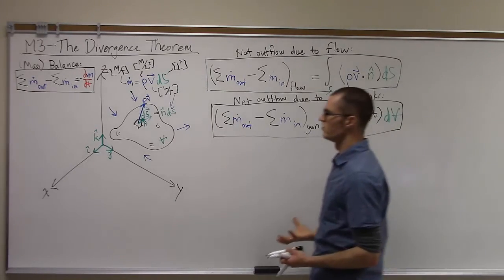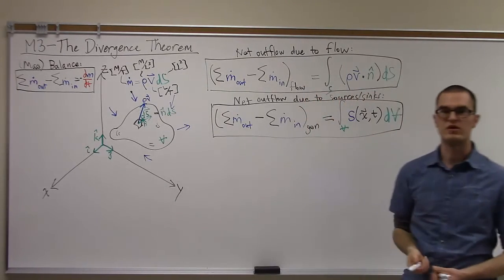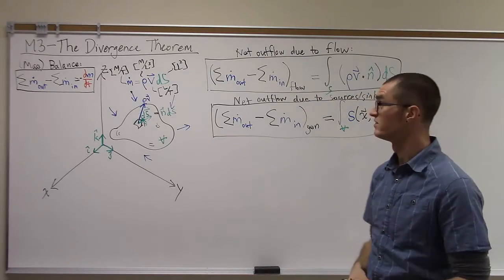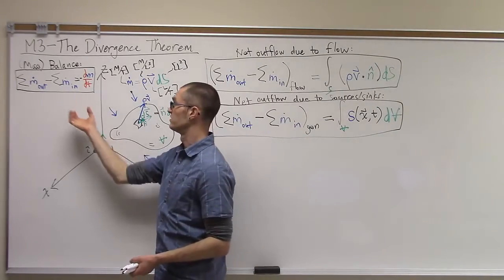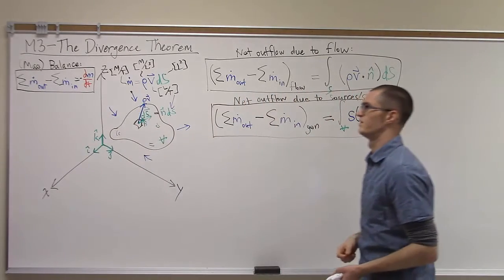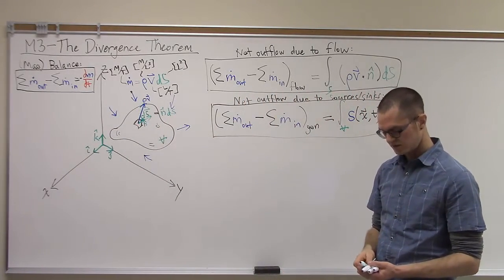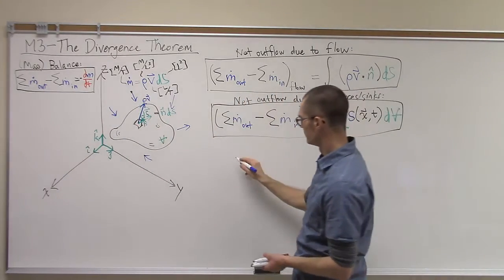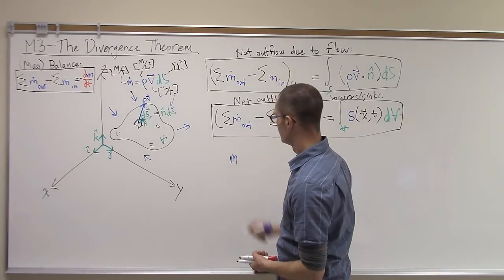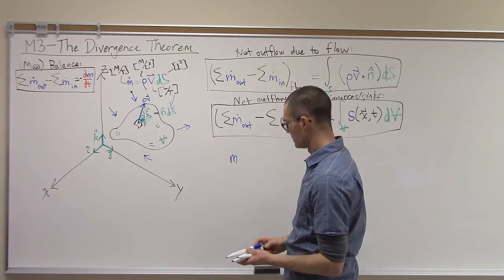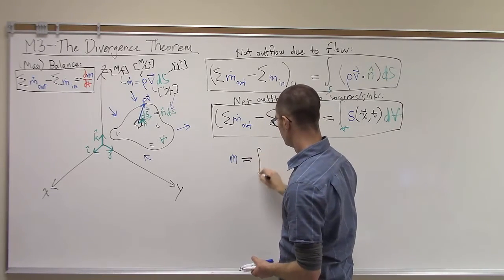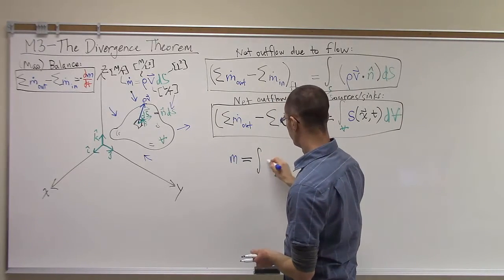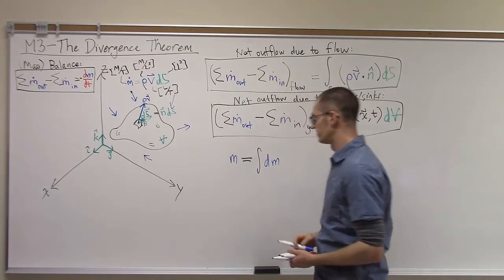So those are the two ways that mass, or whatever the quantity you're interested in, can enter or exit the volume. So that's the left-hand side of this balance equation. Now looking at the right-hand side, the total mass in the volume I can get by integrating all of the small pieces of mass within the volume.